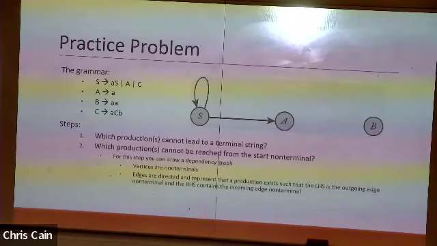So C was deleted before we made this image. So S leads to A, and A leads to nothing. So if you draw this directed graph, this dependency graph, then you can quickly determine from there, if we can't reach it in a simple path, then there is no reason to include that non-terminal.